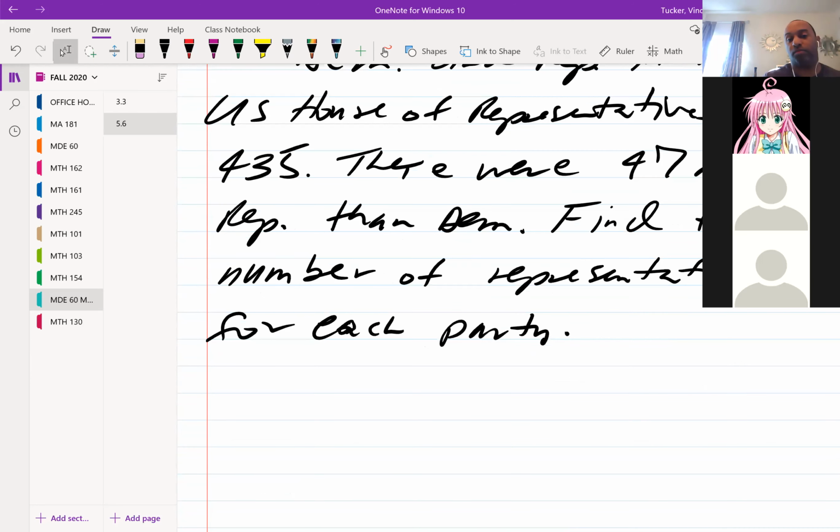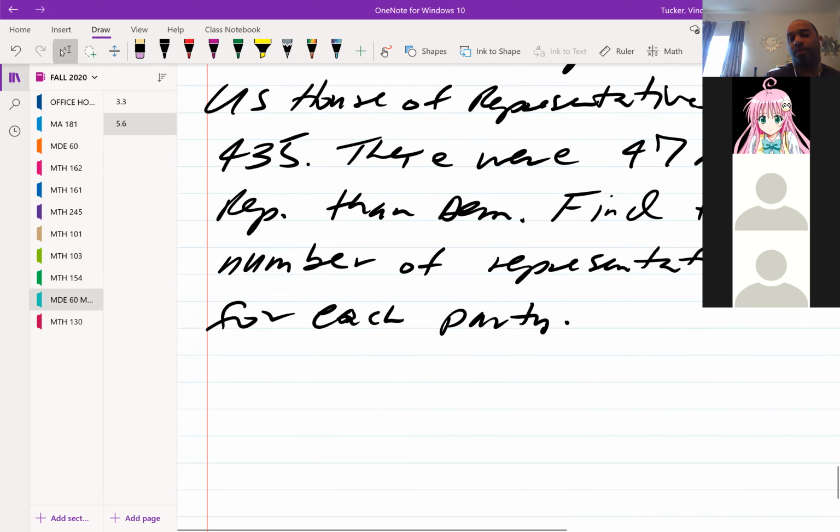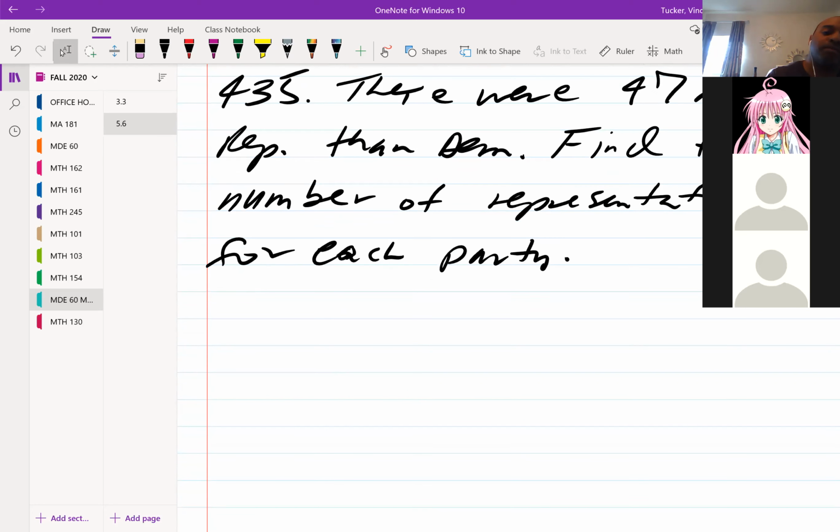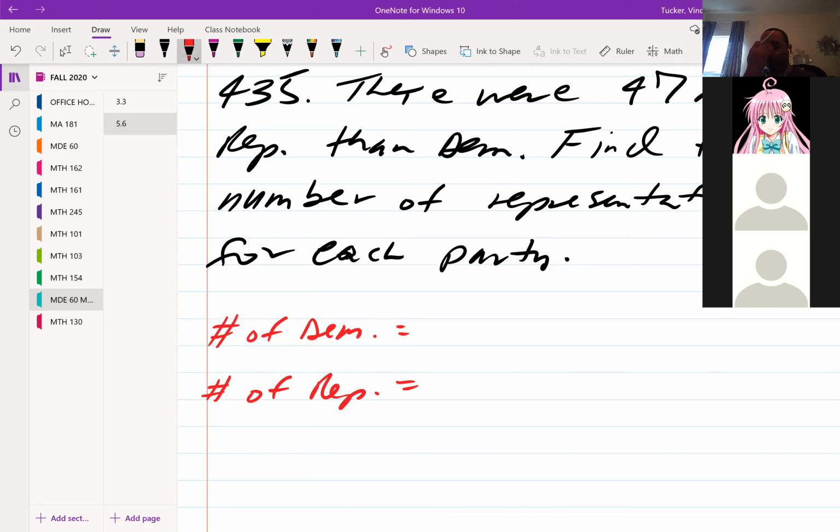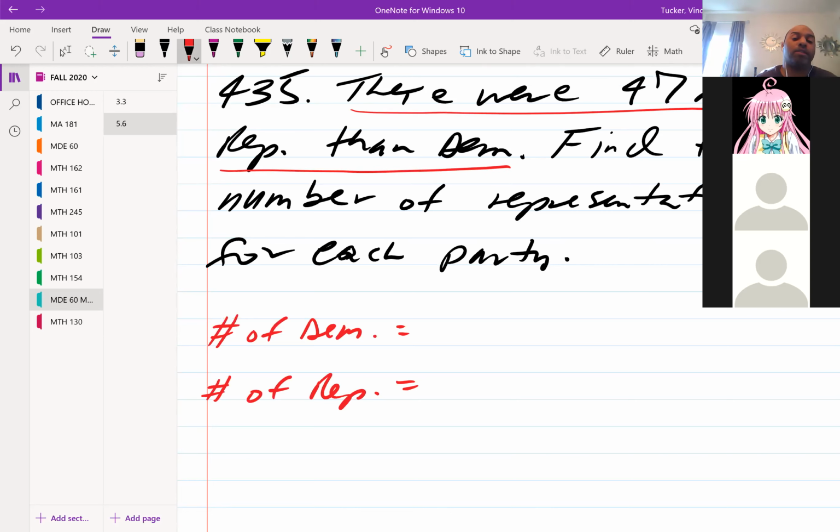And make sure everybody has written it. We have the number of Democrats, number of Republicans. All right. So the key phrase that's going to help us here is that there were 47 more Republicans than Democrats.